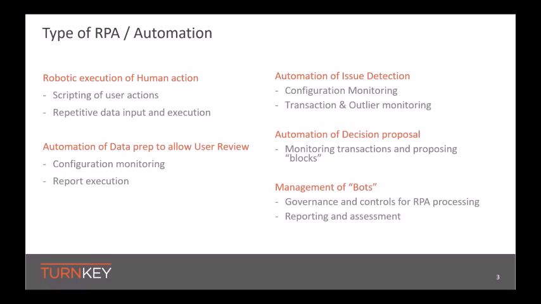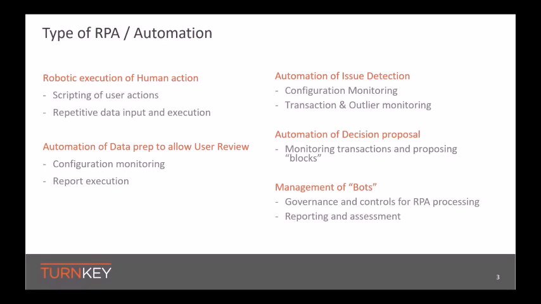Before we look into the details, I just want to do a quick recap. Maybe you've seen one of the previous sessions. There are different types of robotic processing and automation. One type could be robotic execution of human actions, so if you write scripts. Another type is automation of data preparation, where we aggregate data beforehand and give just a compressed version for the user review.